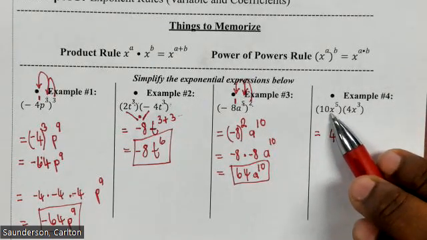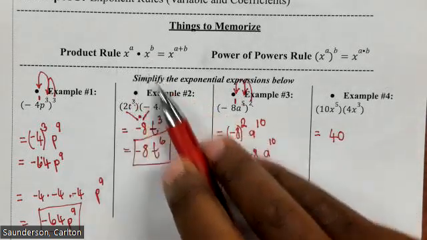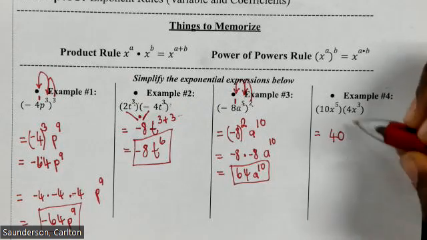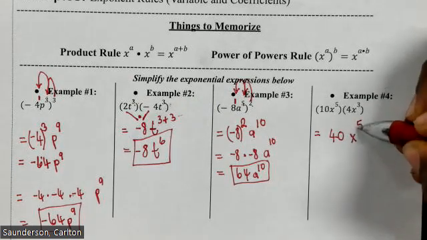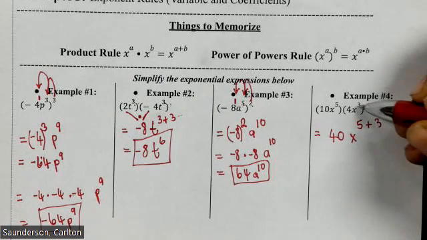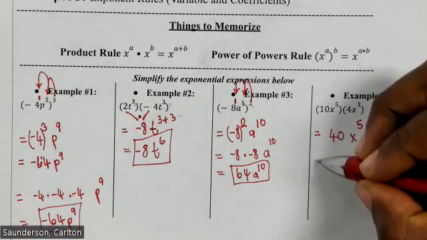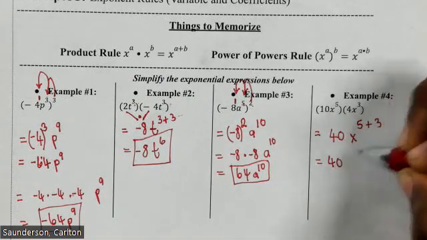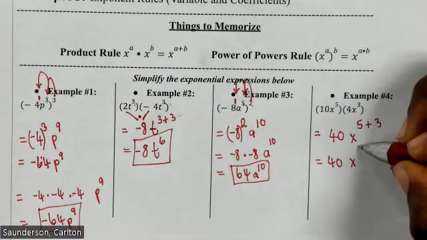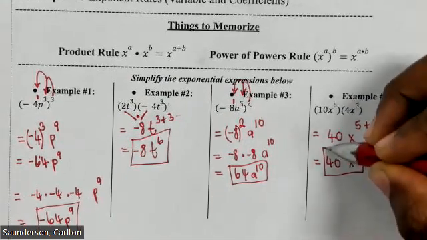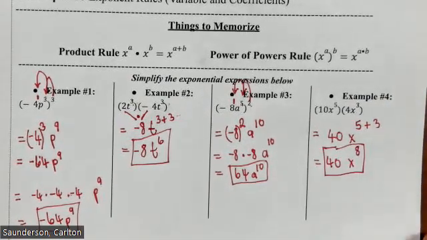When you multiply things that have the same base, you add exponents. So we would be doing x to the 5 plus 3. We add the exponents because that's what we're multiplying. So the 40 you bring down, and 5 plus 3 is 8. My answer is 40x to the 8th power, and that is it.